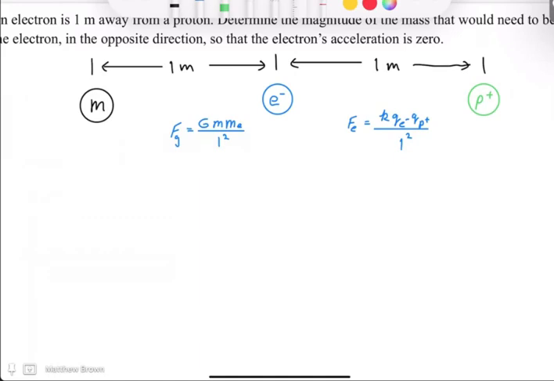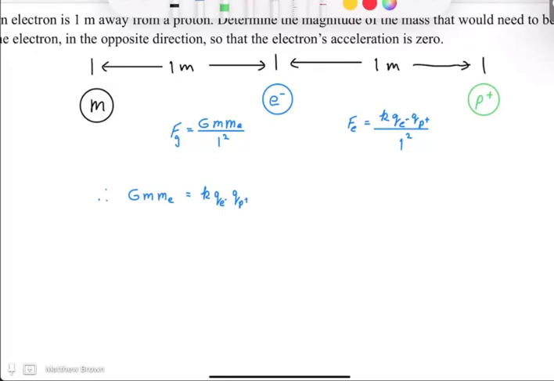So since they're both over 1, or 1 squared, which is also 1, we can just say, therefore, G M M_E must equal K Q_E Q_plus.